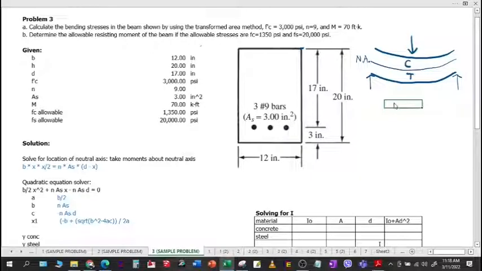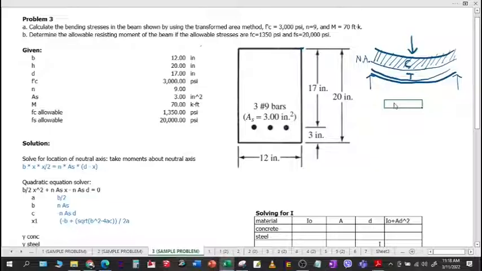Now, if we try to recall, we can say that concrete is very weak in tension, hence we will discard the tension strength of concrete. So everything below, we will only consider the steel component here. The steel component. And everything above the neutral axis, we will only consider concrete.